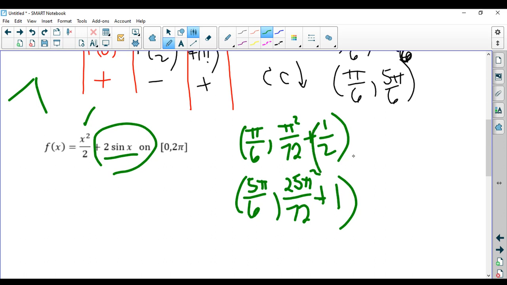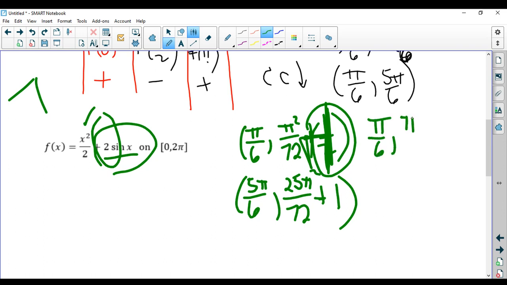Up here I forgot to multiply by 2. This is also 1. Sine of pi over 6 was 1/2 times 2 is 1. Let me write that. If I did make any other mistakes, please let me know.